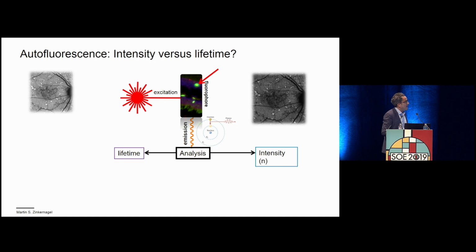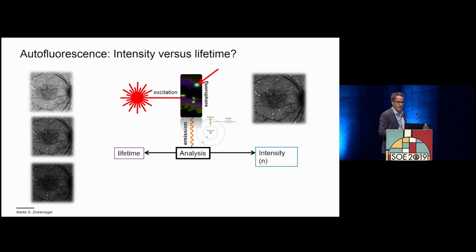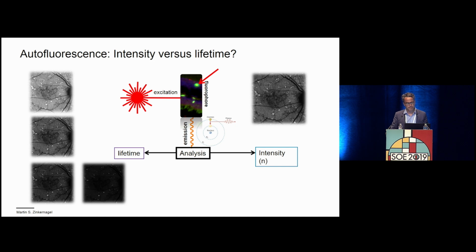But we can also have a look at how long it takes for the excited fluorophore to get back to the ground state. You can see here a schematic that we use a laser to excite a fluorophore, which then releases photons to get back to the ground state, and this time can be calculated and assessed, and is basically the fluorescence lifetime, the amount of time this fluorophore glows.